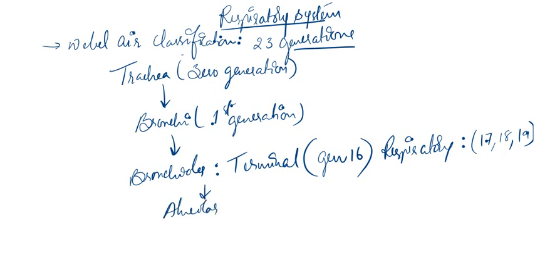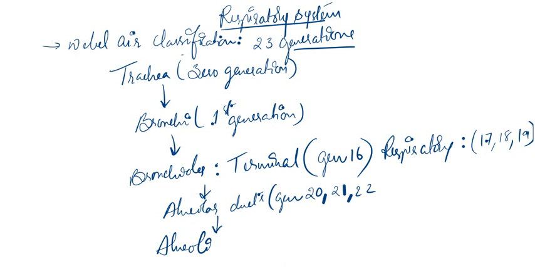These ducts refer to generations 20, 21, 22. You understand? Now the alveolar ducts finally end with alveoli. What is the generation of alveoli? Generation 23. So total 23 generations.